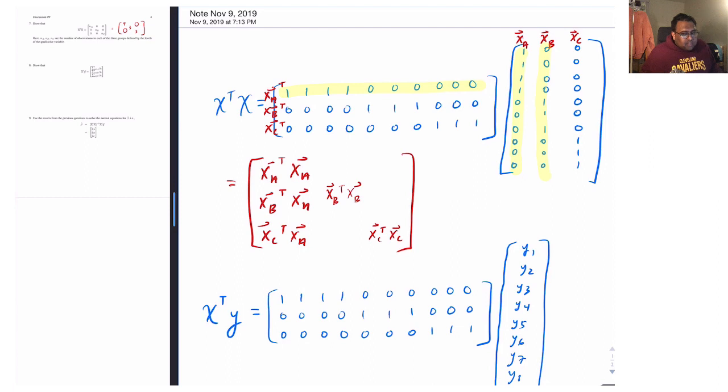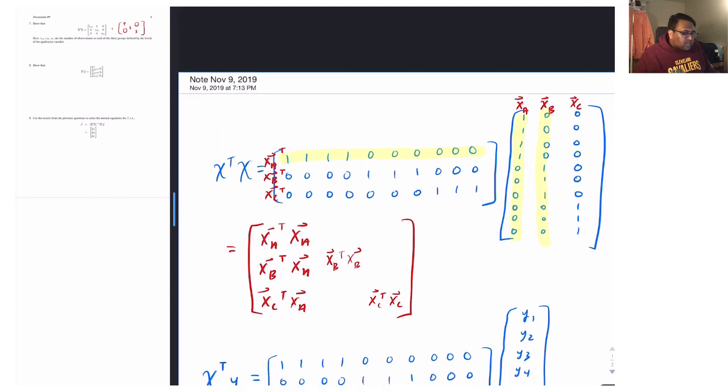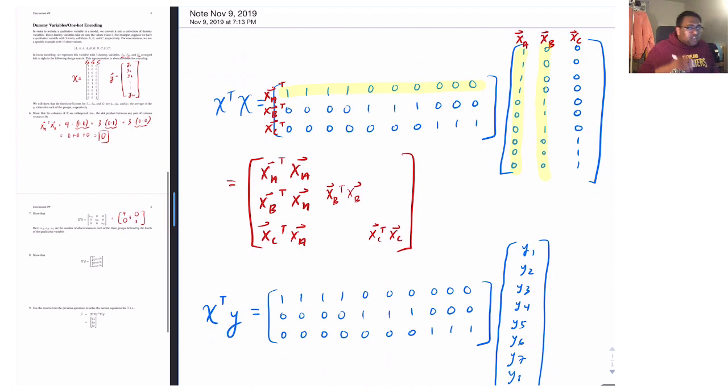The reason I'm not going to fill in everything else is because they're all 0. Because as we saw in question 6 over here, the dot product of any 2 columns is equal to 0. And we should have been slightly more specific: we really meant the dot product of any 2 not equal columns. If I just pick 2 different columns, take their dot product, it's going to be equal to 0.